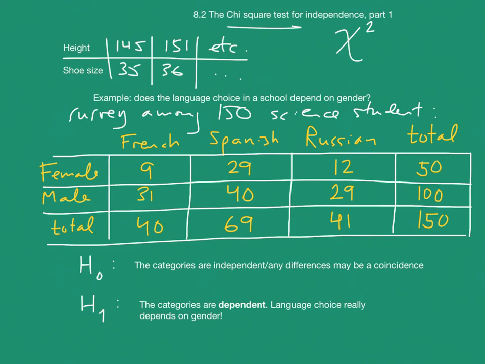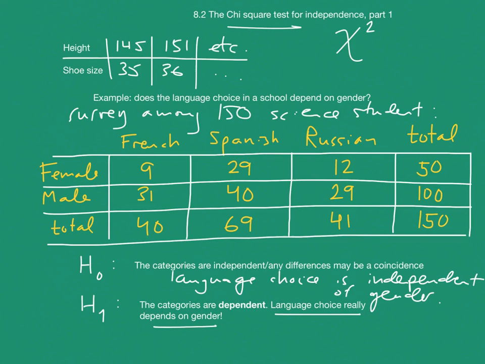So in this example, our null hypothesis: language choice is independent of gender, and the alternative hypothesis: language choice depends on gender. So that should be clear in terms of this example.